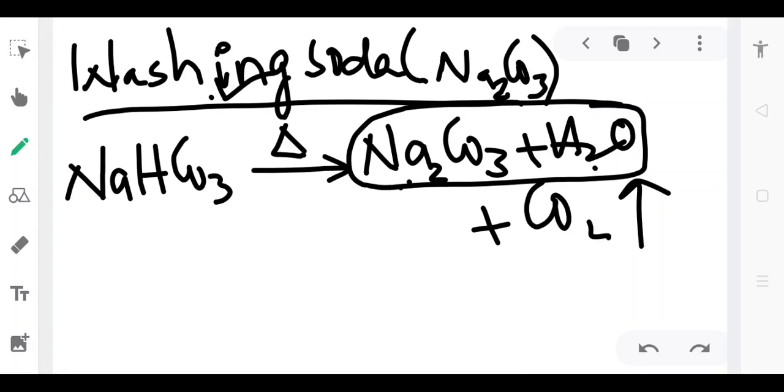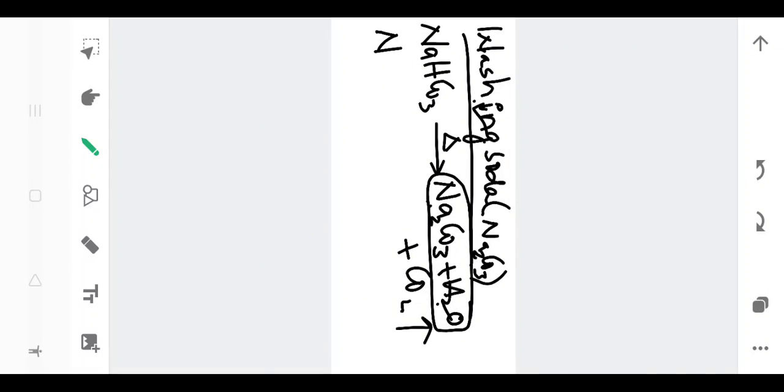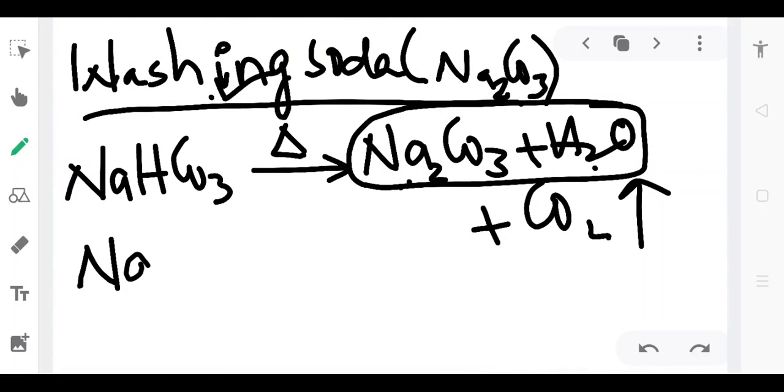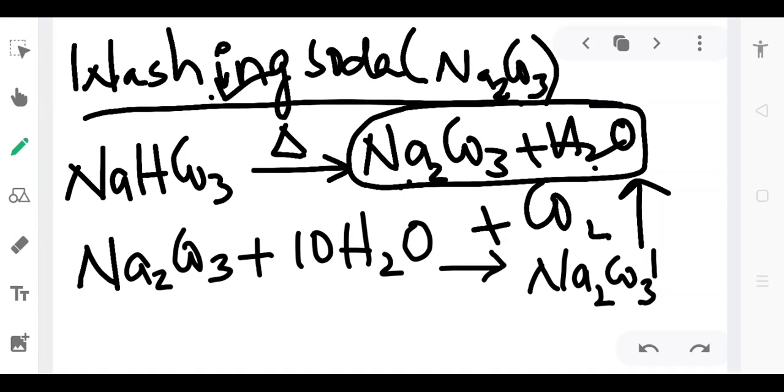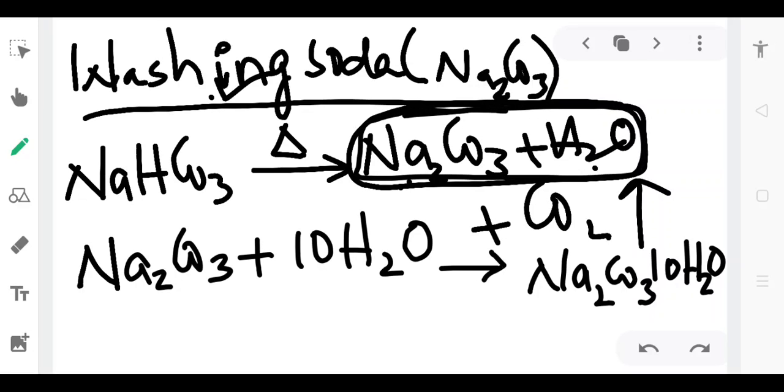Along with water. If we recrystallize sodium carbonate, we'll get crystals of sodium carbonate. The formula is Na2CO3.10H2O.